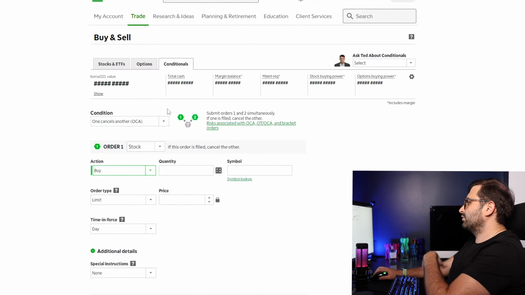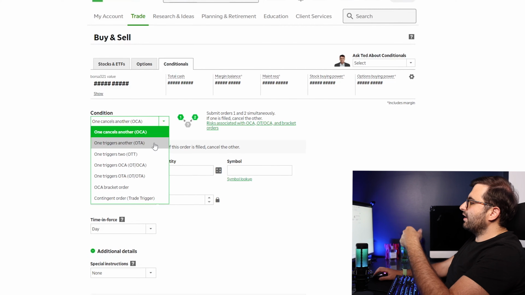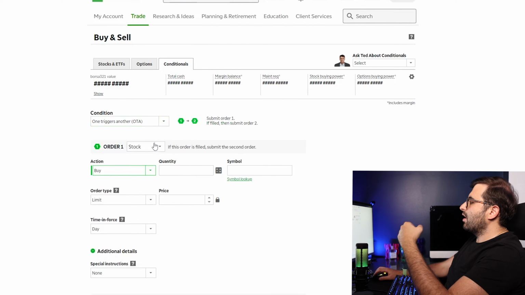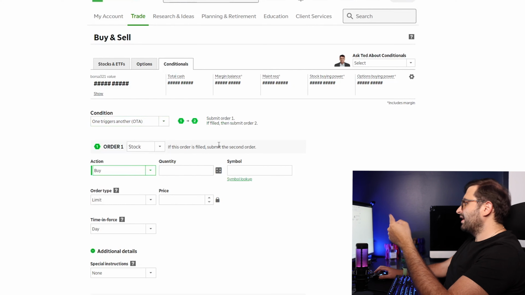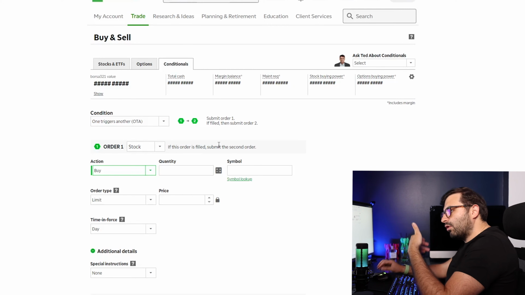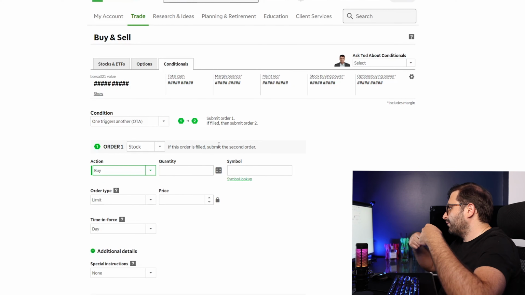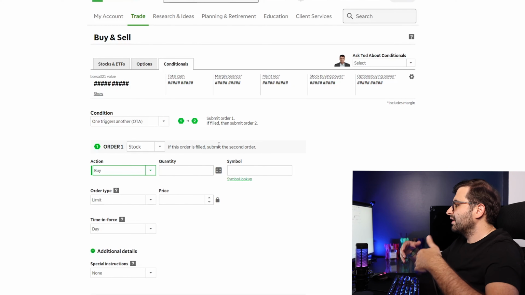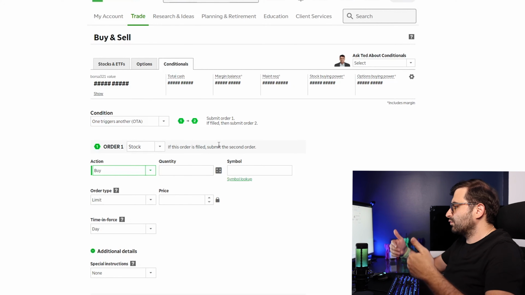Here again we come to conditional orders, and the second one is one triggers another, OTA. So we will submit one order, and if that order got filled, the second order will submit after that. So if our first order doesn't got filled, second order will wait forever until the first one is filled.